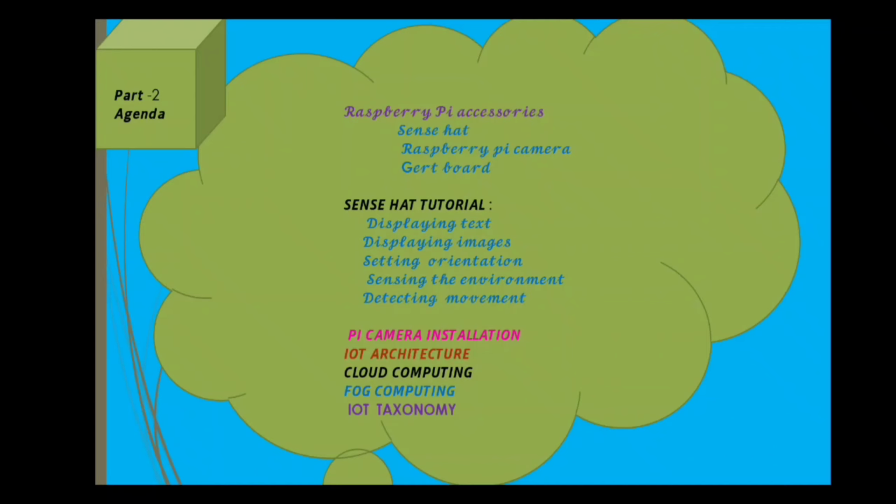to another level. So this is the part 2 agenda. We are going to learn Raspberry Pi accessories, Sense HAT, Raspberry Pi camera, Gertboard, and then a Sense HAT tutorial. In that we are going to see displaying text and images, detecting the orientation, sensing the environment, and detecting movement.